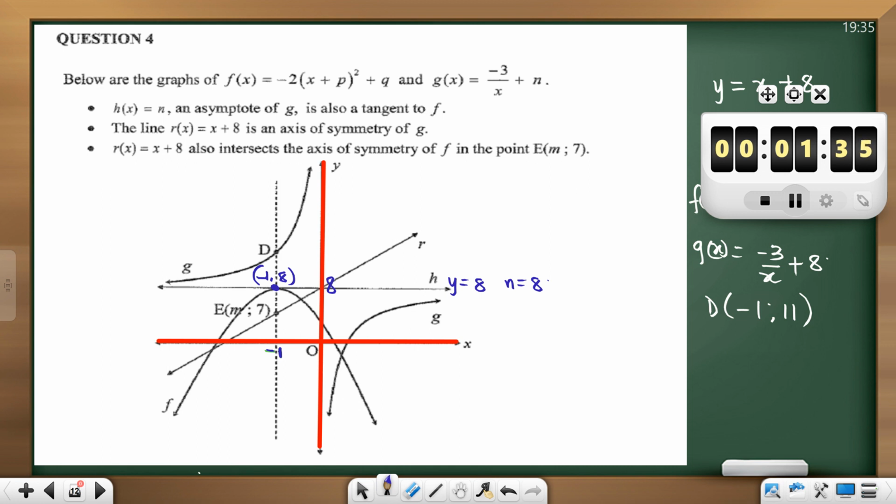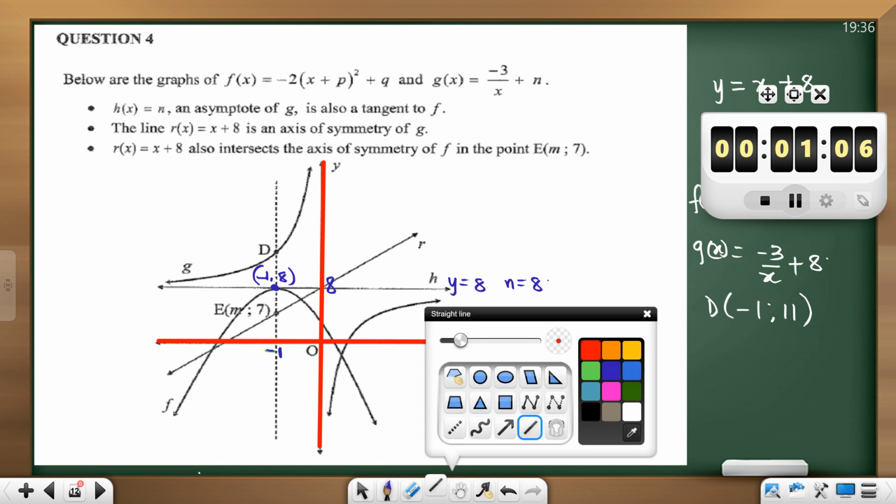Kito, we are looking for the equation of the tangent at D. We are looking for the equation of this line.